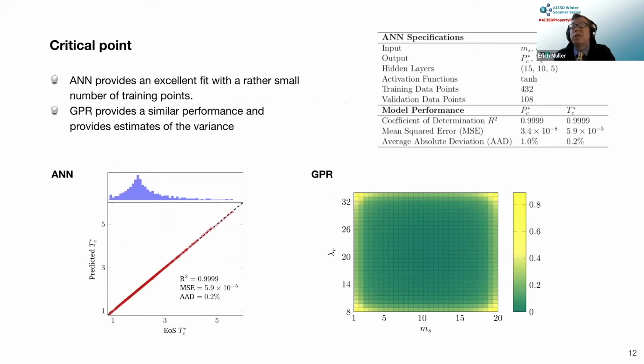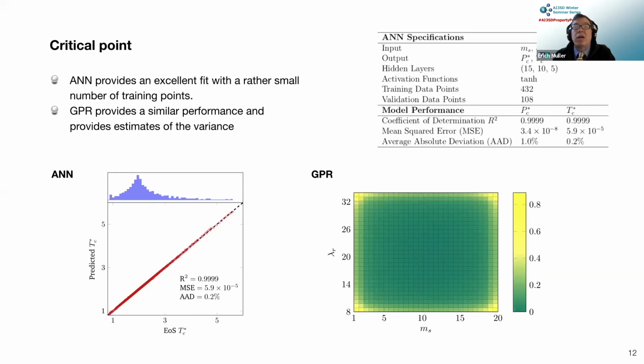The critical point is an interesting result. As input, we use basically the different types of fluids, and as output we get a pair of temperatures and pressures. We compared both the accuracy of the ANN and Gaussian processes, and they were both amazingly good. You see the R squared for the case of the critical point just simply could not be better.